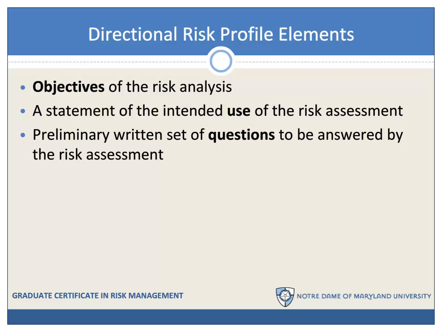Some risk assessments are intended to guide research, others form the basis for new rules and regulations, some are trying to attribute risk to different hazards, and so whatever the potential uses of the risk assessment are, they need to be identified here in the risk profile.